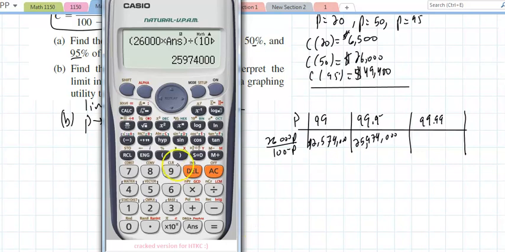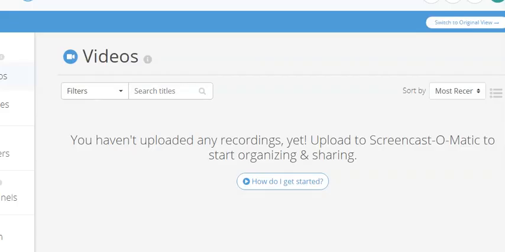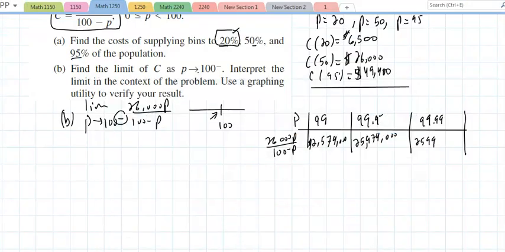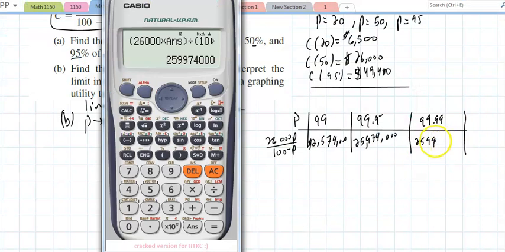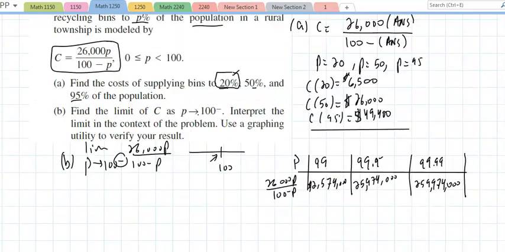And if I go for 99.99, it's costing 259,974,000.